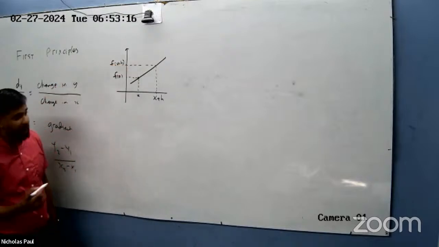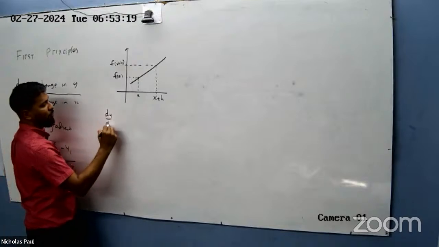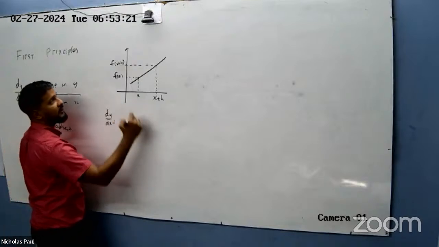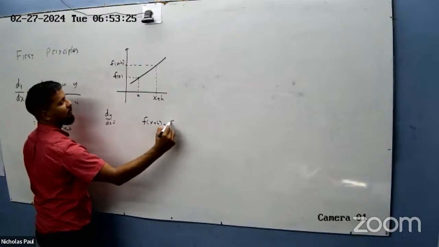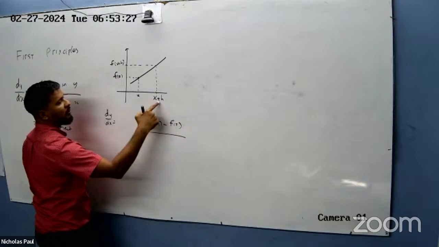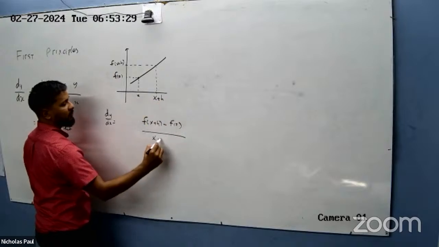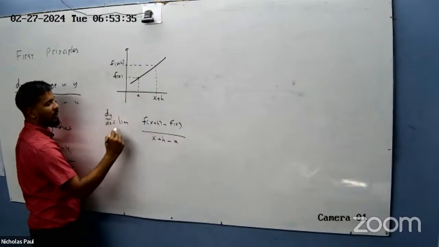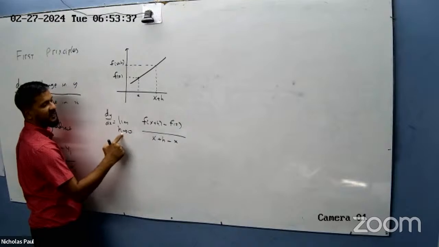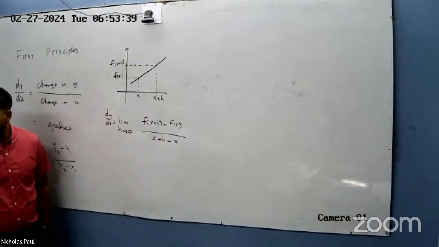So what is gradient? Gradient is y2 minus y1 over x2 minus x1. And this will cancel. And if we watch how h behaves as it tends to 0, we have the differential.